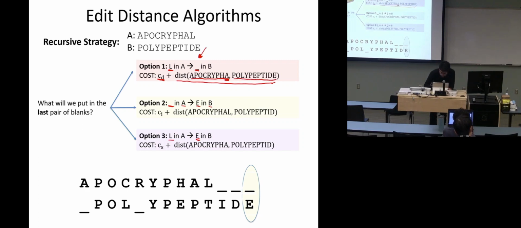But here you need to recurse on the whole word B. In this case, you just recurse on the whole word of A, and this one you don't have E. And if you swap, you just delete the last character of both A and B and recurse.